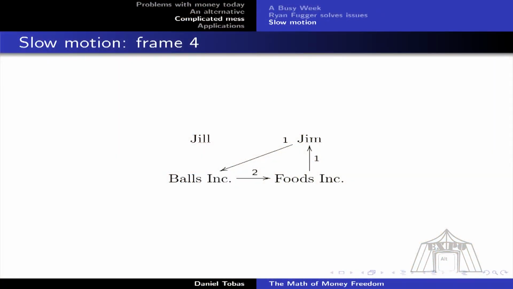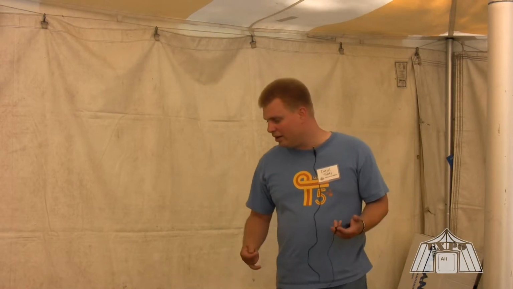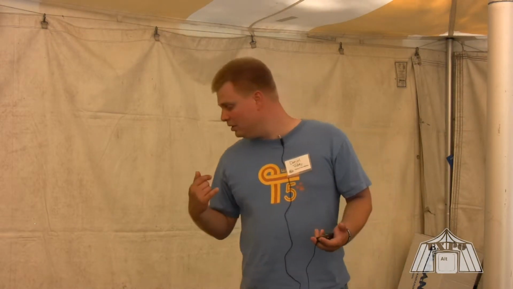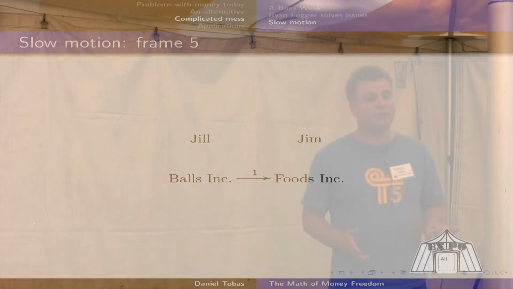Okay, and so I have the next slide, which now instead of 4 arrows has 3 arrows, and similarly with Jim, we can cancel basically Balls Inc.'s debt to Jim, but when we do that, we relieve 1 credit of Balls Inc.'s debt to Foods Inc. Okay, so that's how I've got this diagram to show.